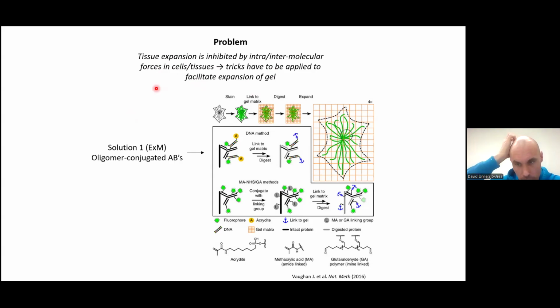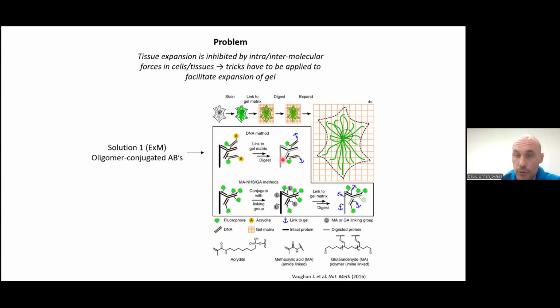The way they solved it in the first protocol, which is just called expansion microscopy, was to use oligomer-conjugated antibodies. So you would have these custom-made antibodies that are conjugated to an oligomer, which is in turn conjugated to the fluorophore that you want to use. You then stain for your targets in the cell or in the tissue, and then you link this oligomer to your gel covalently.